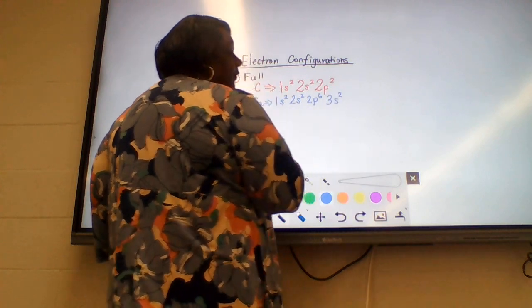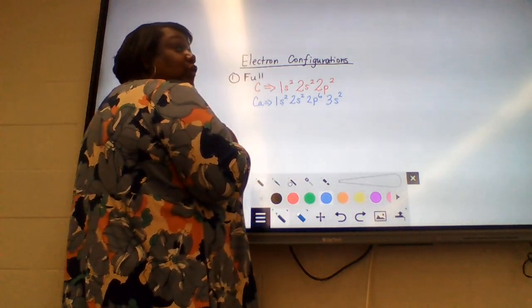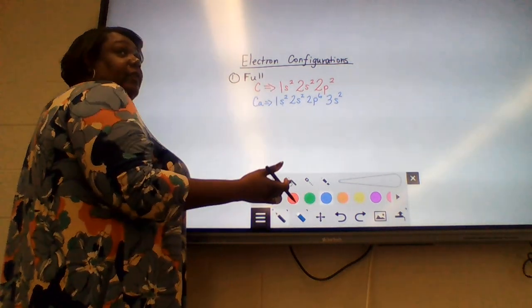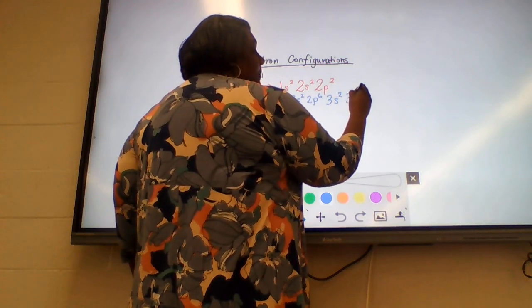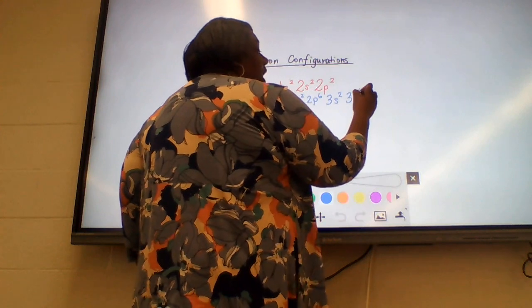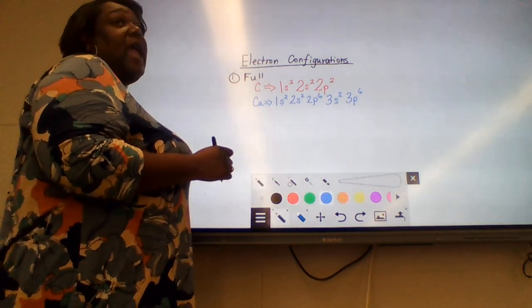My maximum number for row 3 in the S block is 2. After 12 comes 13. 13 is located on row 3 in the P block. If I count over, I'm counting over to element number 18, which is argon.